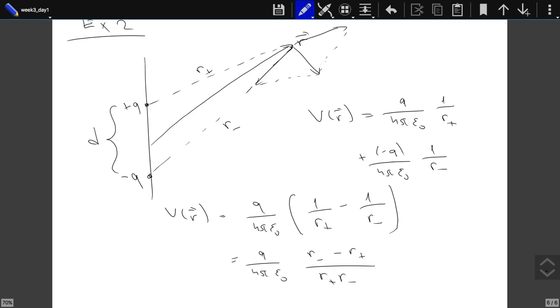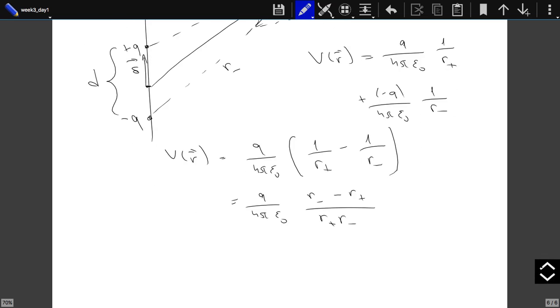Okay, now what is r plus, what is r minus? Now let's define this vector d, or let me call it delta. Delta is the vector from the middle to the positive charge. If we choose this to be the z-axis, then the delta vector is nothing but d over 2 in the z direction. And this is our origin.